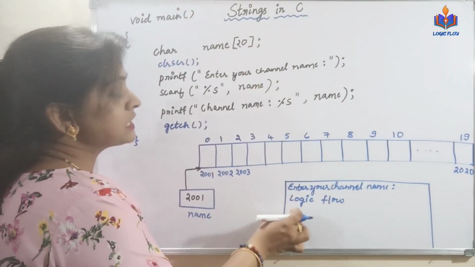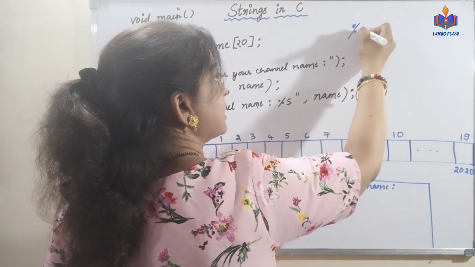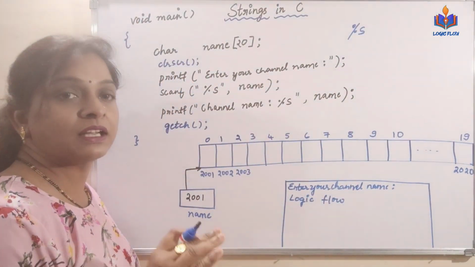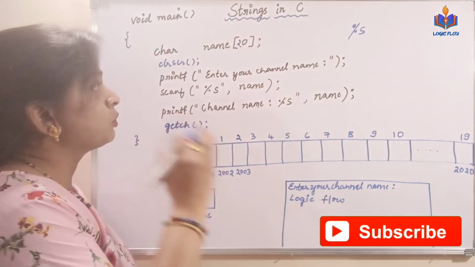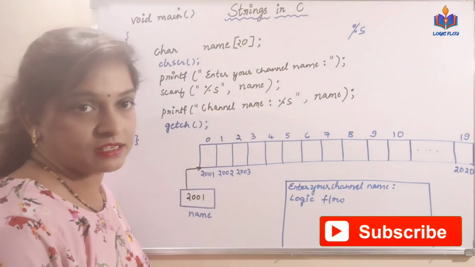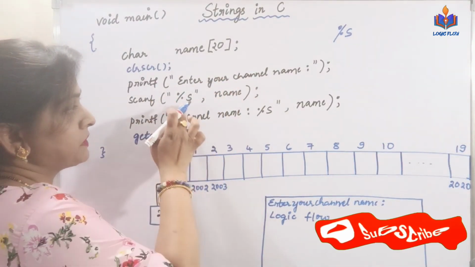Now the format specifier to accept a string is %s. In C you don't have a separate data type for the string. You must have a character array itself. Then the format specifier to accept the string is %s.